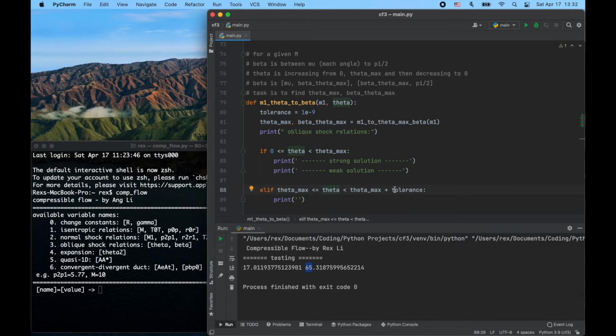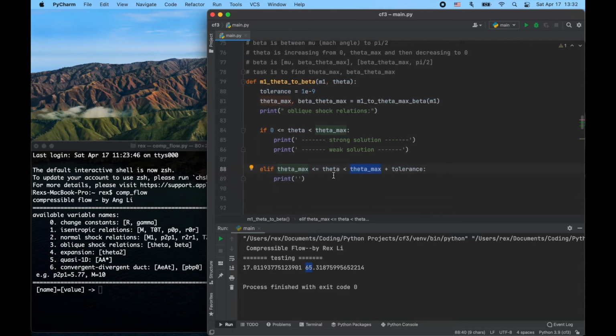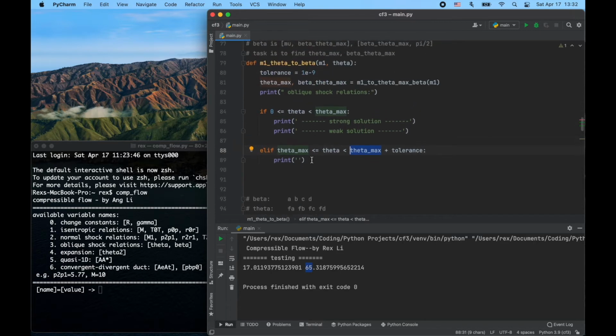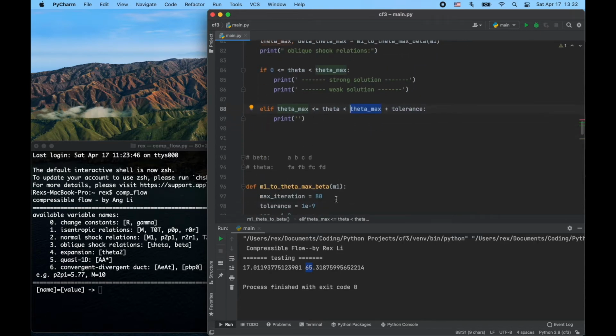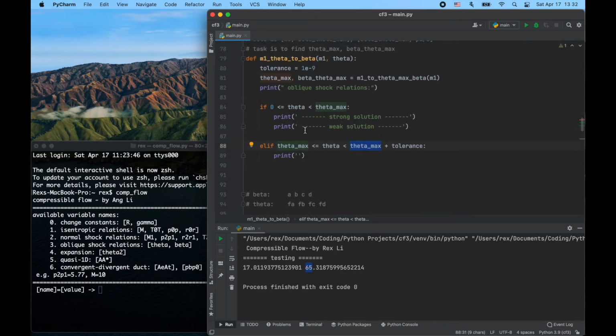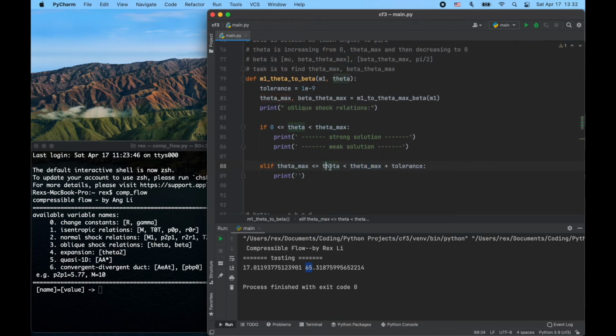This is why I put a tolerance here, because our theta max is not going to be exact. There's a tolerance that is similar to that, right? Close to that. So maybe the question just gives us the exact theta max value, and our algorithm fails to give an exact value for theta max. And it will tell you that, okay, theta is larger than theta max.